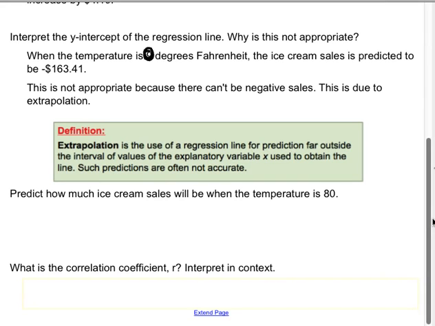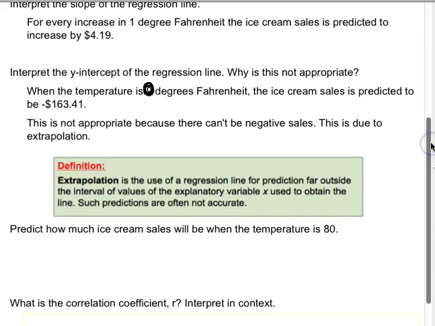Now I can make predictions. Okay, so based on my line, I can predict ice cream sales when the temperature is 80. So for that, all I have to do is plug in 80 for x because the temperature is an x value.